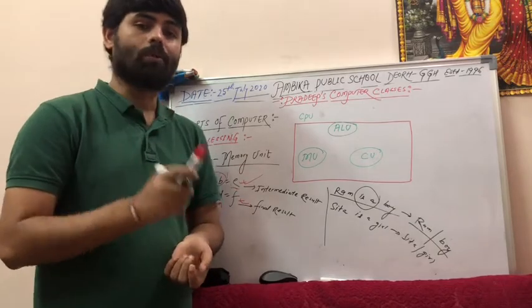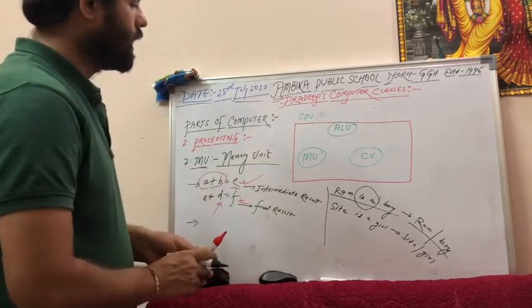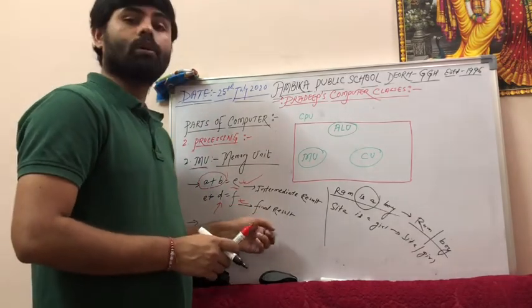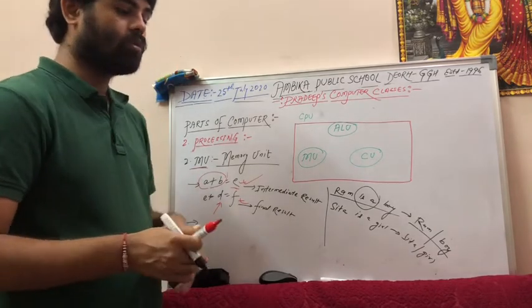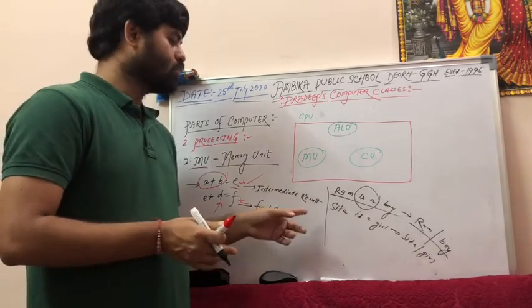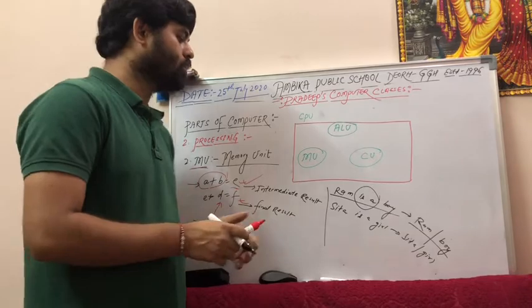You have to remember whenever you are going to give any instruction to the computer, whether from the hard disk or from the input device, it has to go through the memory unit.